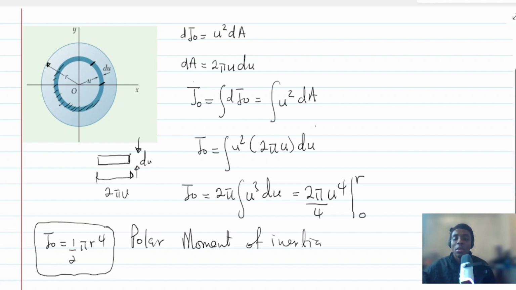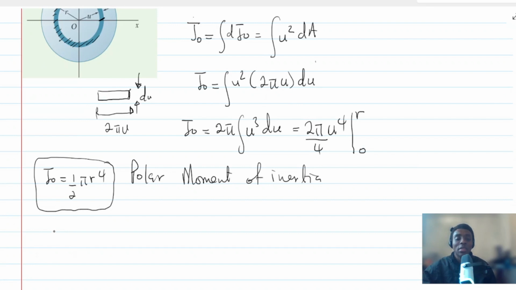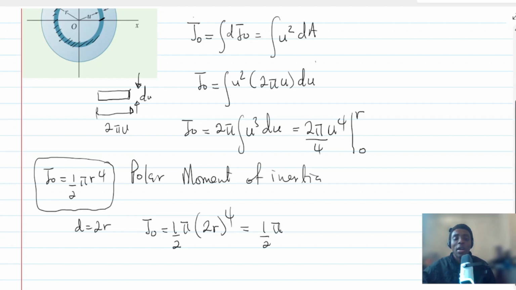But don't forget that we can also use the diameter, because the diameter is twice the radius. If we substitute 2r, we get 1/2 pi 2r to the power 4, which is 1/2 pi times 16 d4.